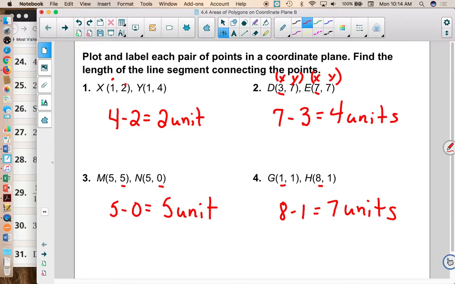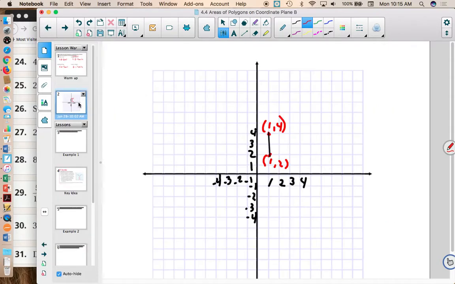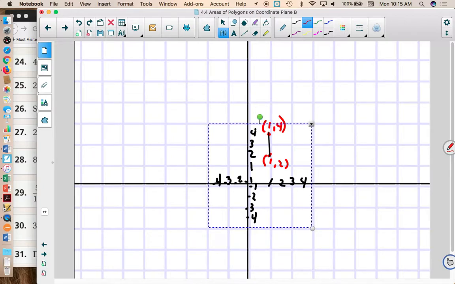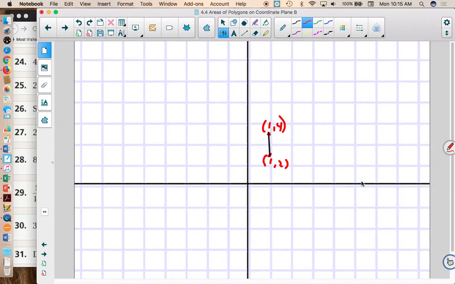Okay, here's what I'm seeing. Let me unfreeze. We need to stop for a minute because I can tell we got some problems here. My numbers are really hard to tell. I'm going to delete it out and start again so that you can see it, because I got some kiddos that can't number the graph.